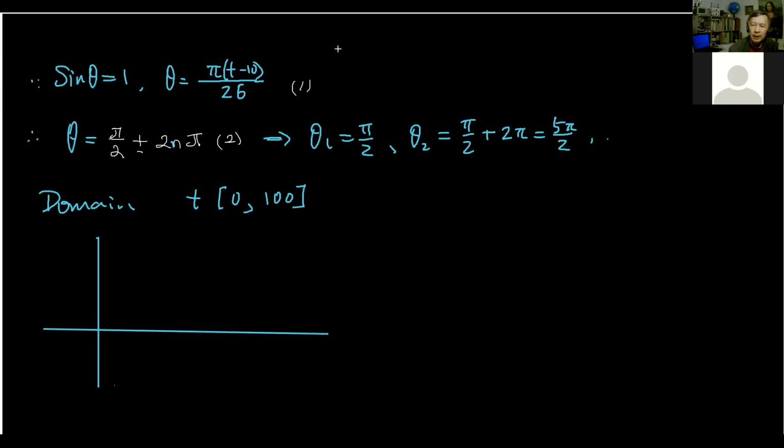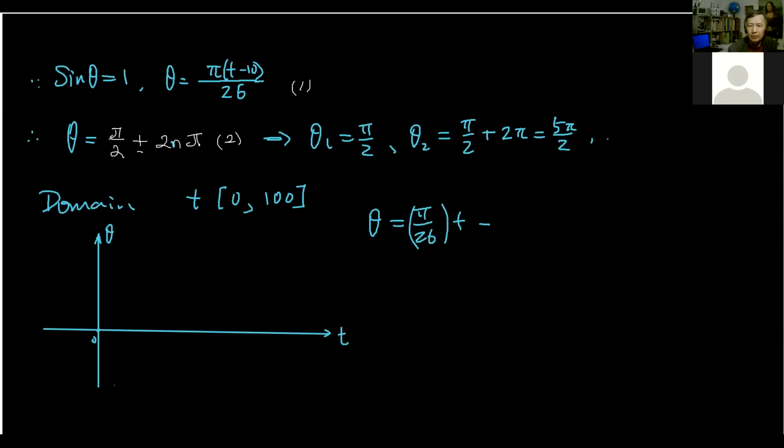So basically, we have to slow down. This is theta, okay? This is t, right? So when t equals 0, what is theta? Can we just rewrite this linear equation? Can we rewrite theta equals pi over 26 times t, divided by 10?